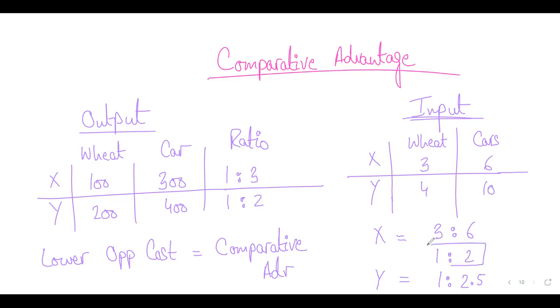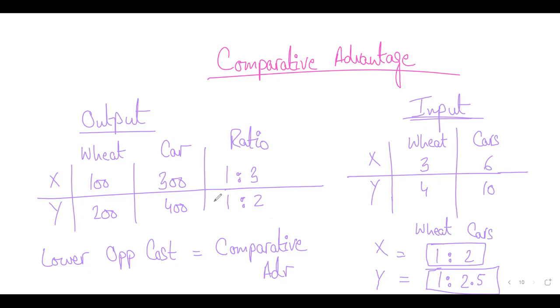So in X's case it's 1:2, and in Y's case it's 1:2.5, right? So then we know that X can produce cars with lower resources, only 2, whereas Y needs 2.5, right? Is it making sense?